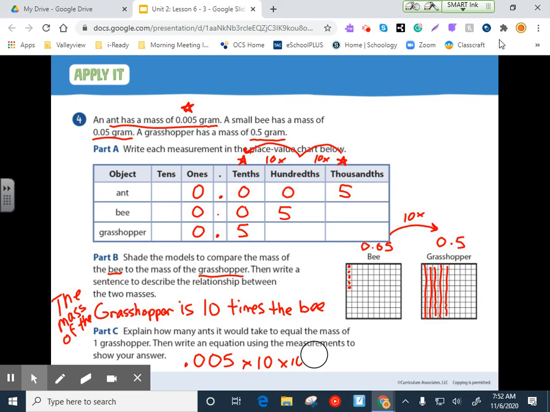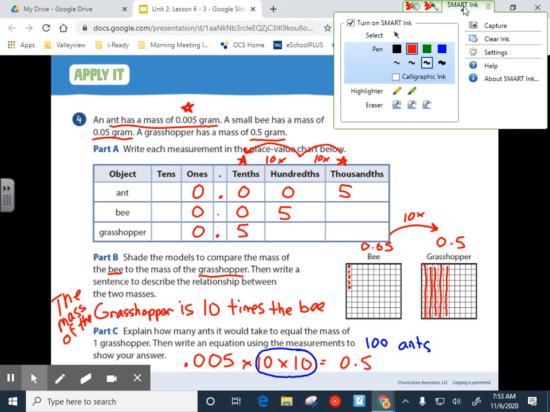So what that basically lets us know is that it's going to take 100 ants to move those 2 place values or to equal each other. So it takes 100 ants to do that. Pretty interesting question.